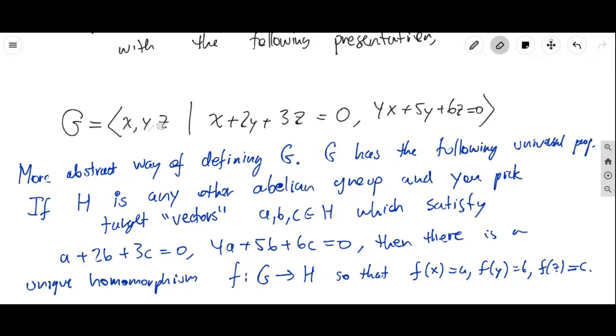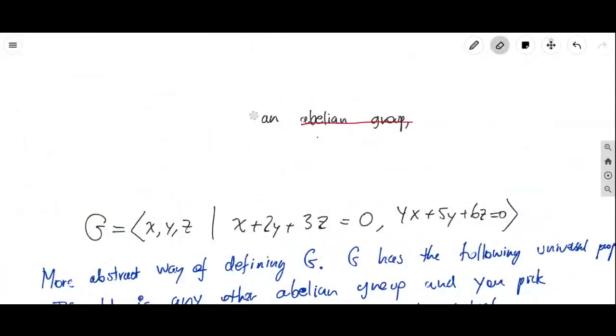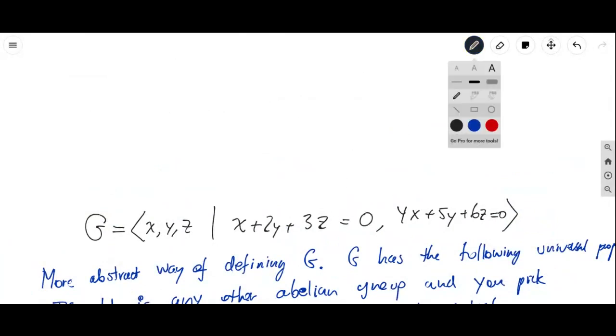The question is, how do you actually classify what this group is? The way you do it is you can write it in matrix form: 1, 2, 3, 4, 5, 6.